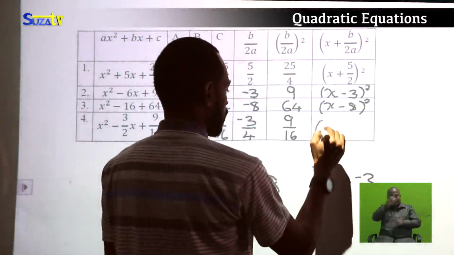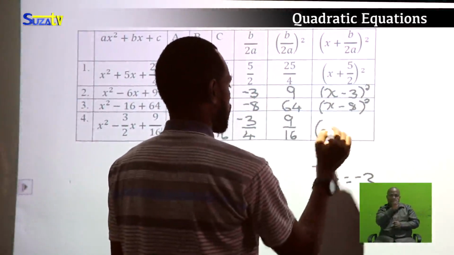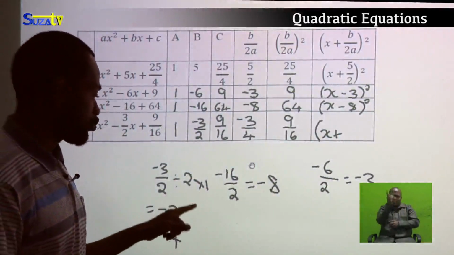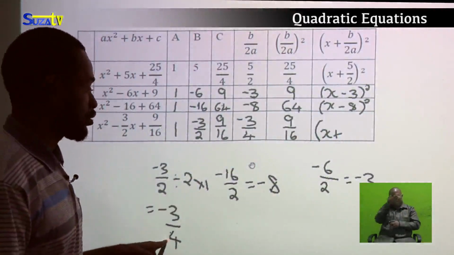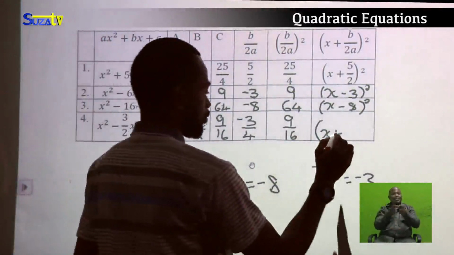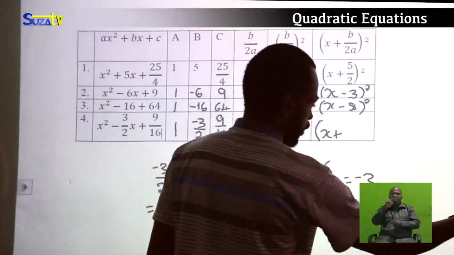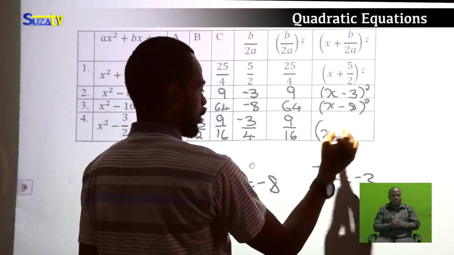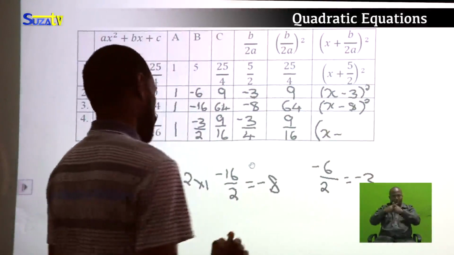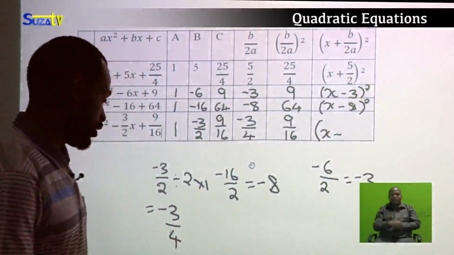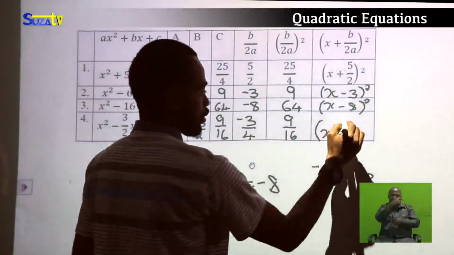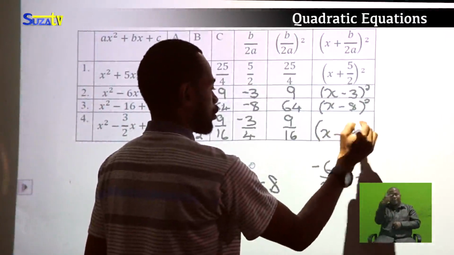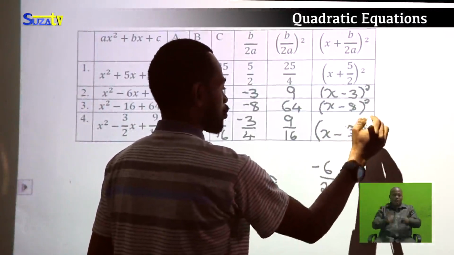So this comes as it is, x plus b over 2a, which is negative, so we have to put negative there. Let us put negative, because plus minus is always minus. And b over 2a is negative 3 over 4, but this thing squared.